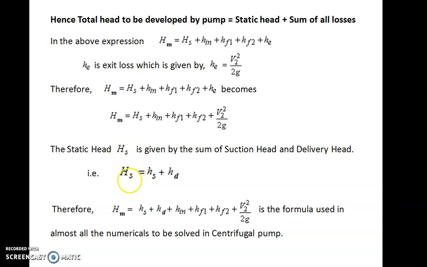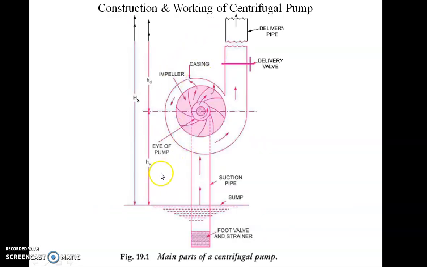Most of the time in the book it is given as the sum of small HS plus small HD, so it is suction head plus delivery head. If you see in this diagram, this small HS is the physical height from the water level at the suction side to the impeller inlet, or you can say the center line of the pump.